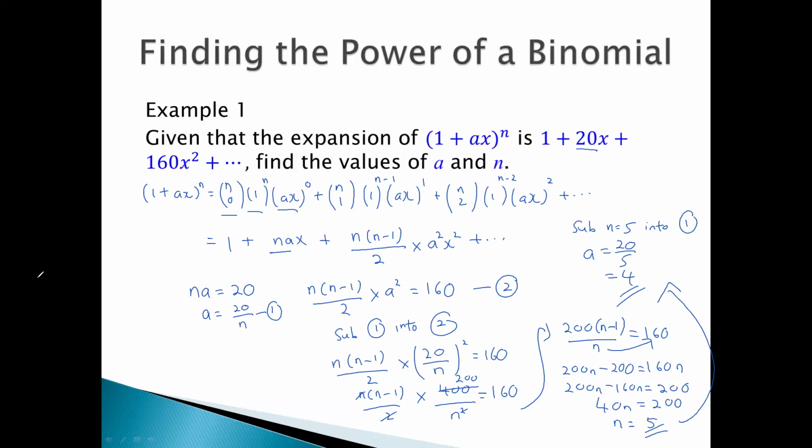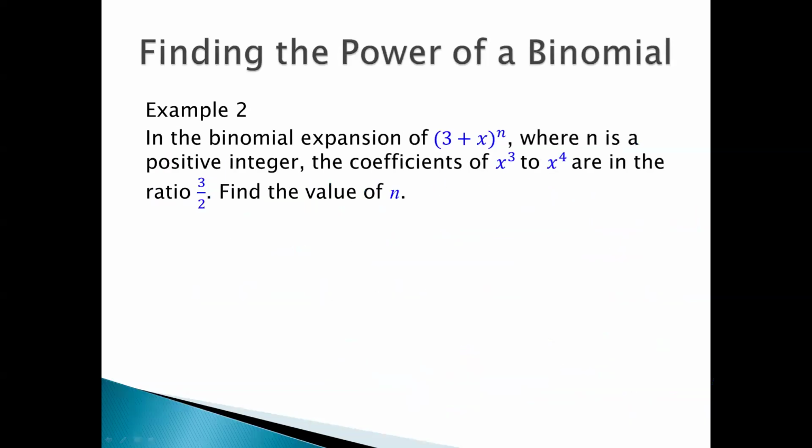Now, in the binomial expansion of (3 + x)^n, where n is a positive integer, the coefficients of x³ to x⁴ are in the ratio 3 over 2. Find the value of n. As usual, we just have to do our binomial expansion.